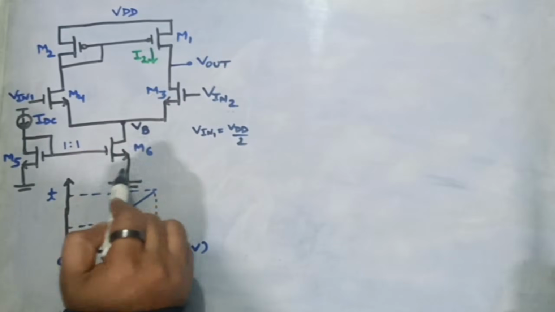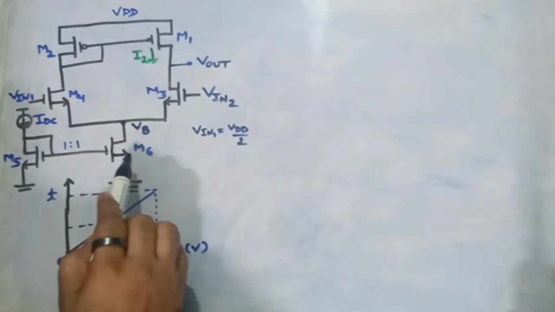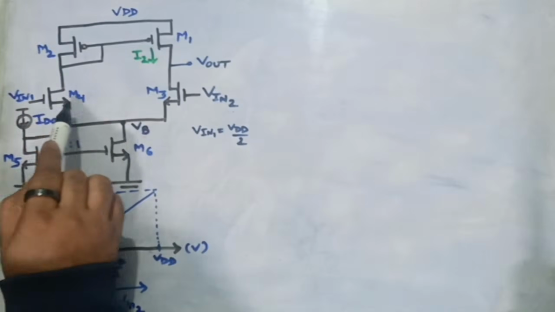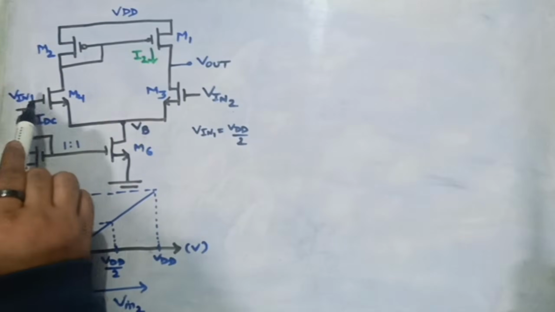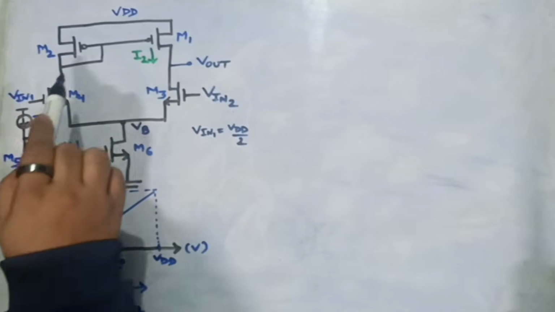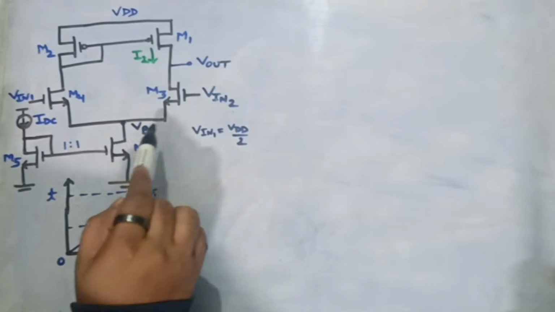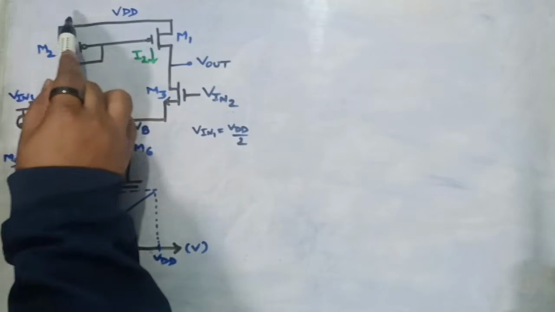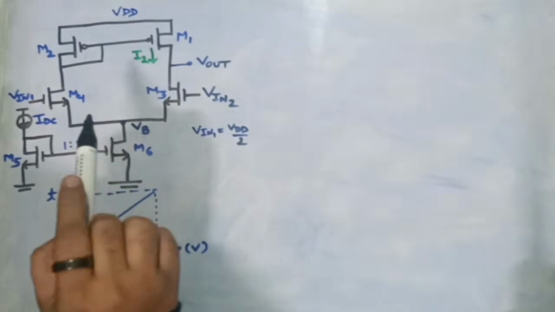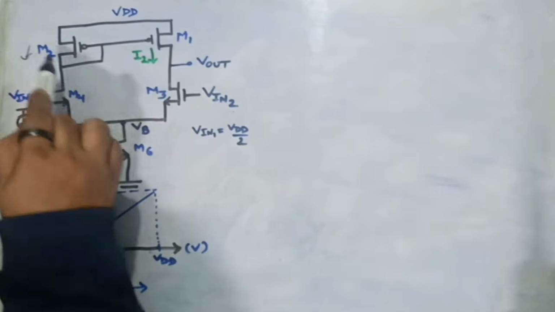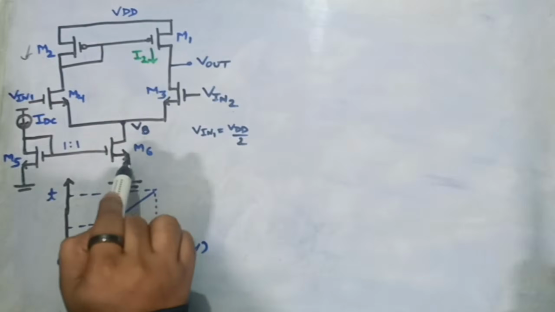So as we have discussed, M6 is having current equal to IDC, and since this MOS M4 is on, because Vin1 is given as VDD by 2, whatever current M6 is supposed to have, the whole current will flow from M2 to M4 and then M6. So IDC will start flowing from M2, it will flow to M4 and then it will go to M6.